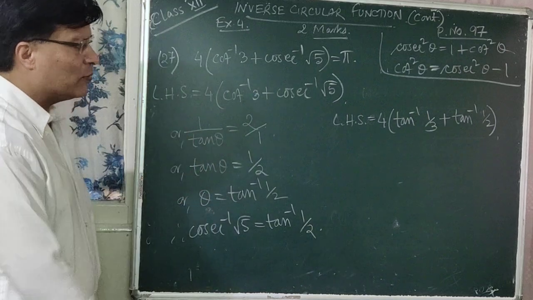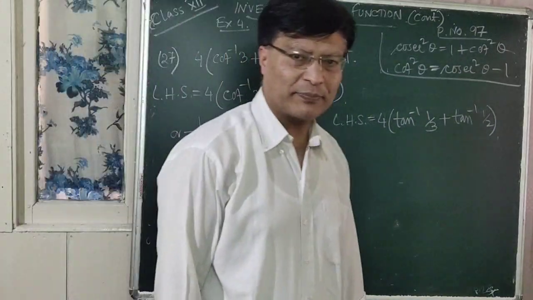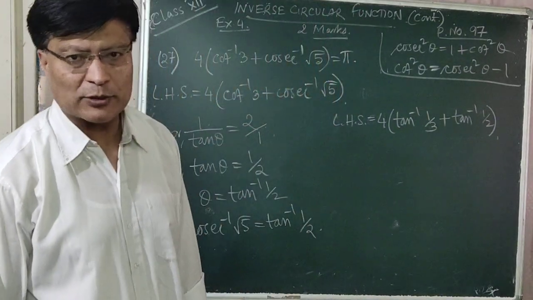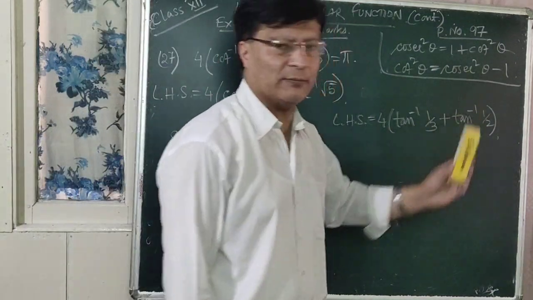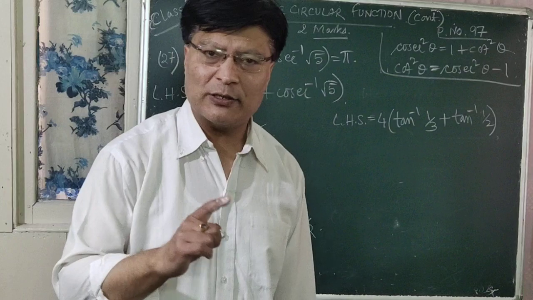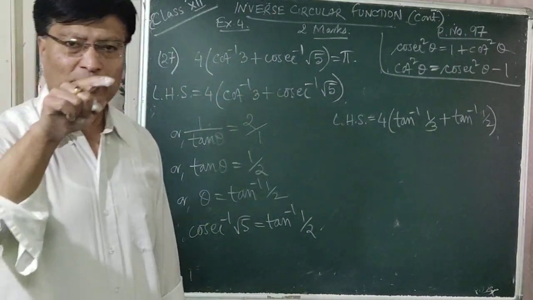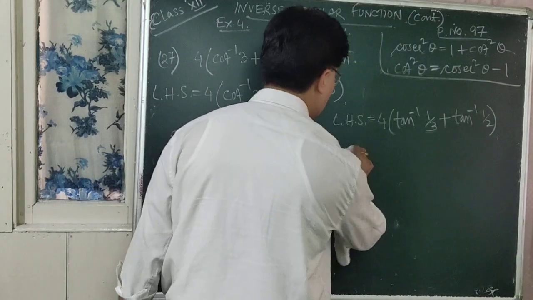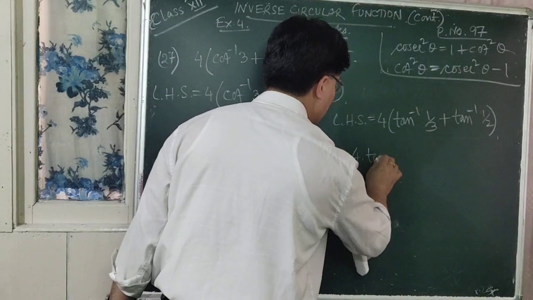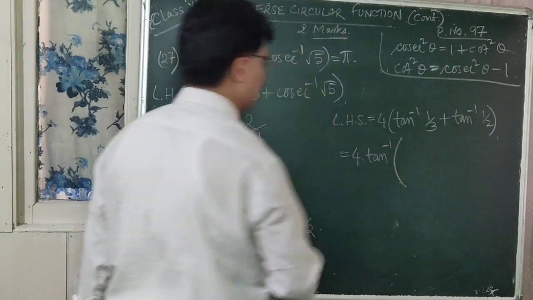Okay, now you can easily use the formula of tan inverse x plus tan inverse y. What is the formula? It is tan inverse of (x plus y) whole upon 1 minus xy, right?